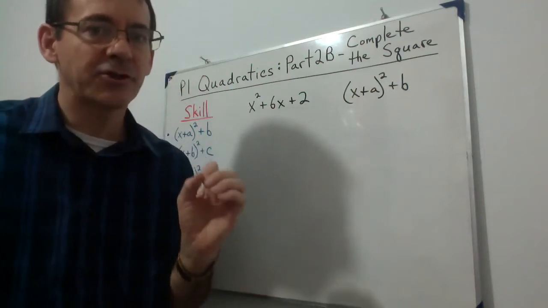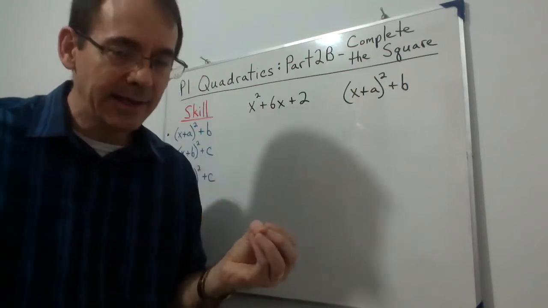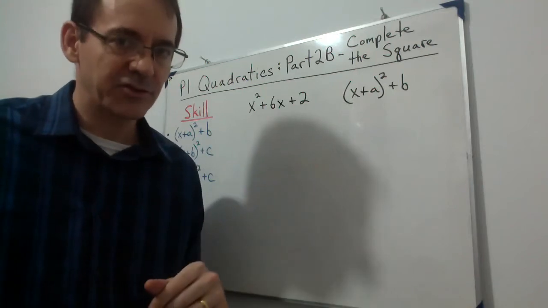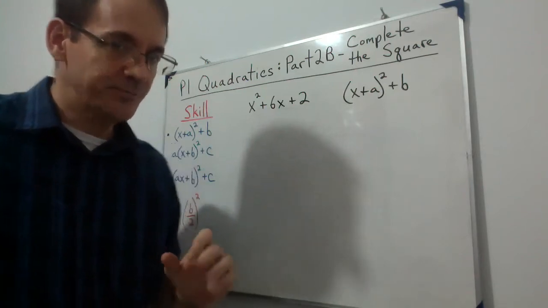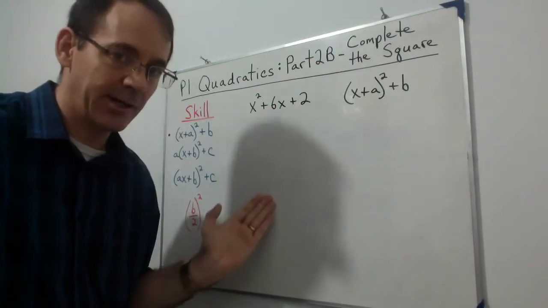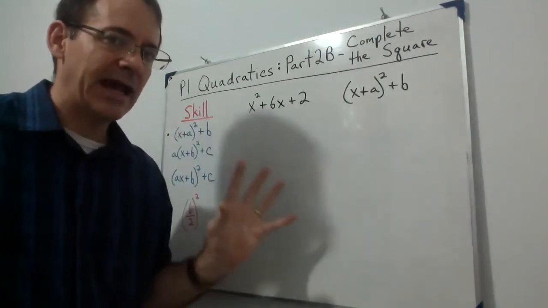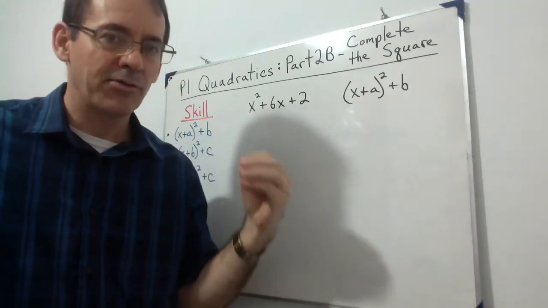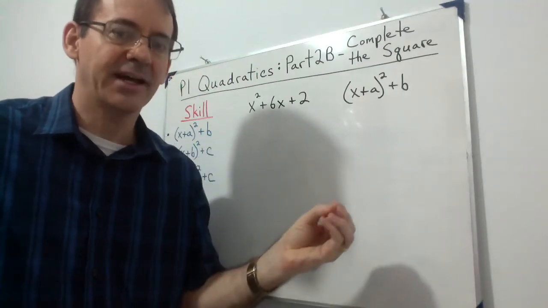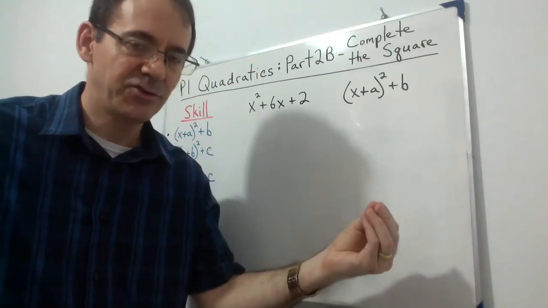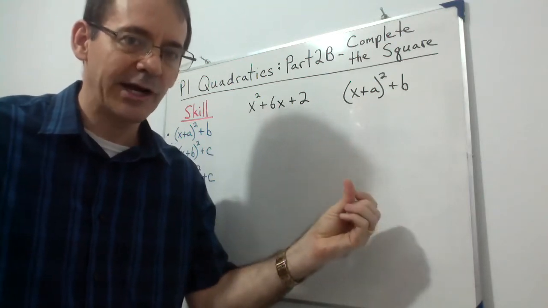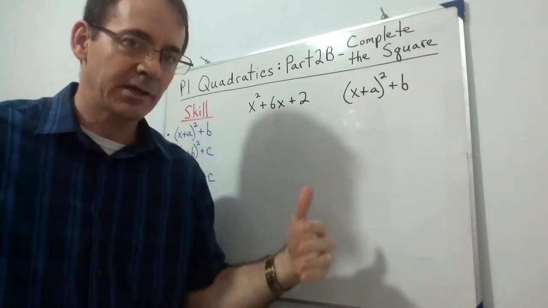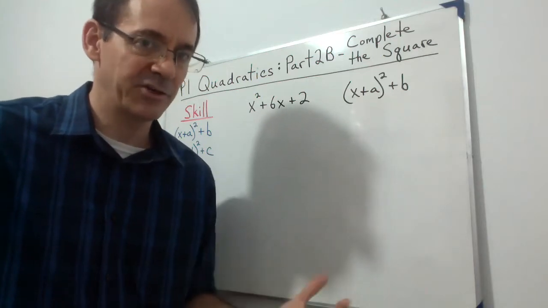And you're going to have to learn when to use the complete the square method. So you need to learn the skill, how to do it, and as you go, I'll let you know as we get there when the context demands that you need to do the complete the square in order for one of the various applications that you're going to use it for.